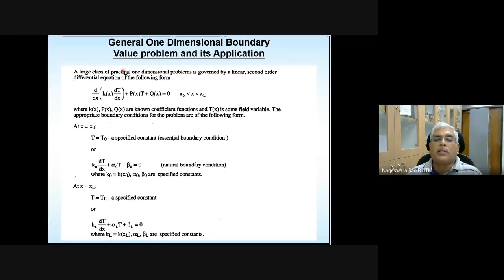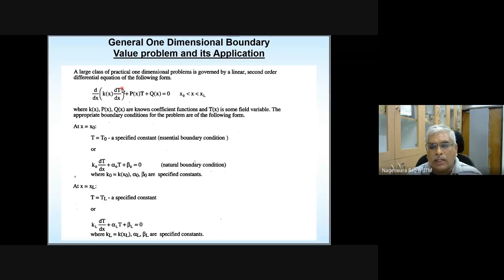A large class of practical one-dimensional problems is governed by a linear second-order differential equation of the following form. K as a function of x. K is some coefficient. T here is some field variable.